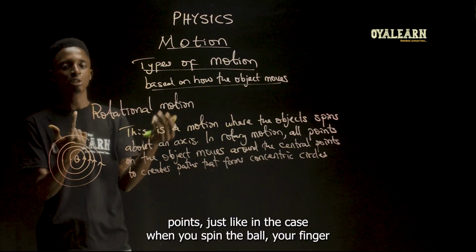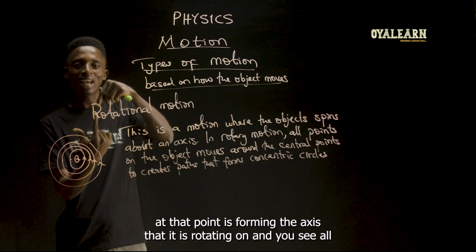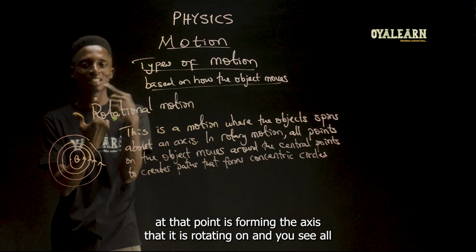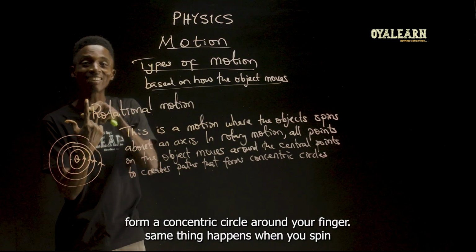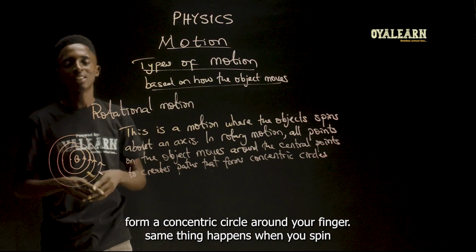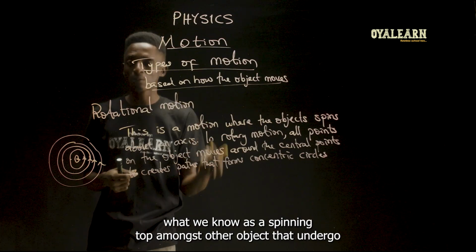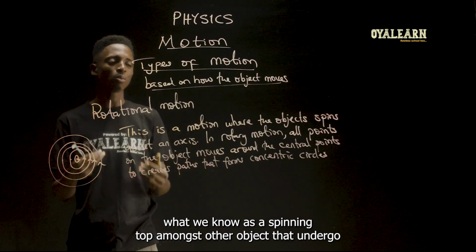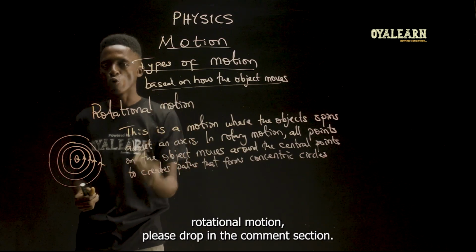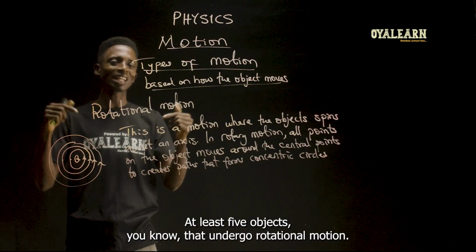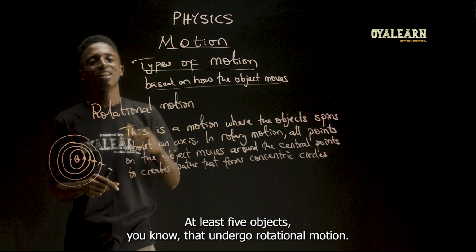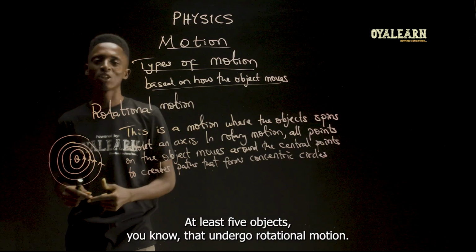Just like in the case when you spin the ball, your finger there at that point is forming the axis that it is rotating on, and you see all points form a concentric circle around your finger. The same thing happens when you spin what we know as a spinning top amongst other objects that undergo rotational motion. Please drop in the comment section at least 5 objects you know that undergo rotational motion.